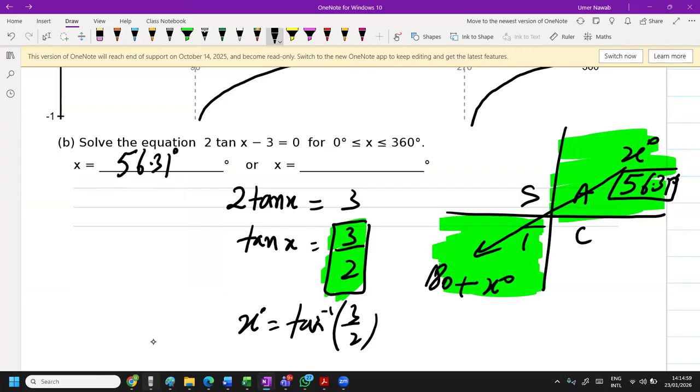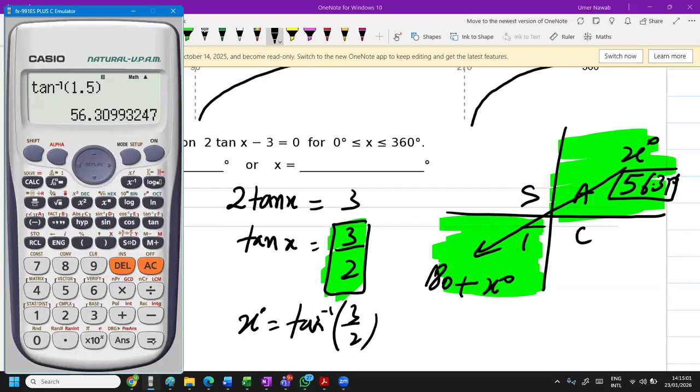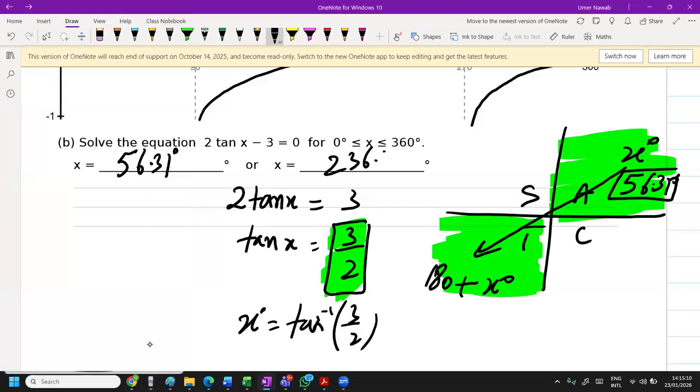And now I want to add 180 to it. So 180 plus answer gives me 236.3. So 236.3 is the one decimal place answer.